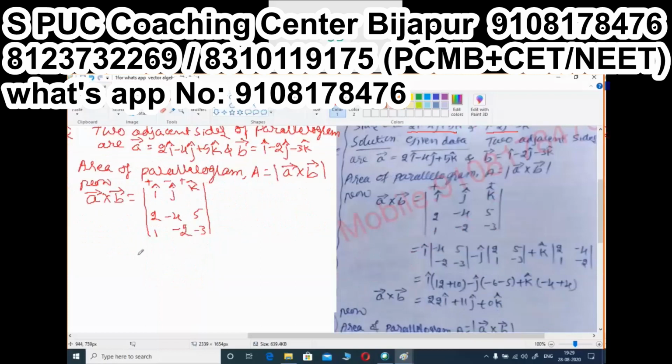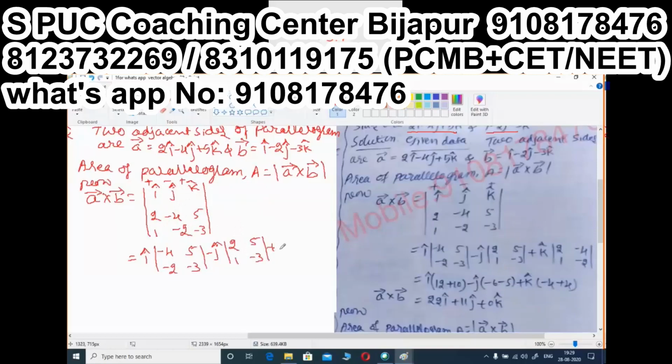So expansion: i cap of, you leave this complete row and complete column, the remaining terms are minus 4, 5, minus 2, minus 3. Similarly, minus j of, you leave this column, the remaining are 2, 5, 1, minus 3.